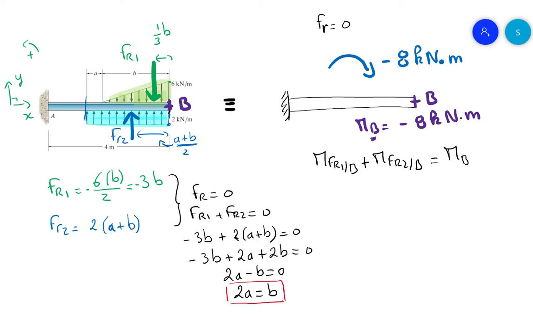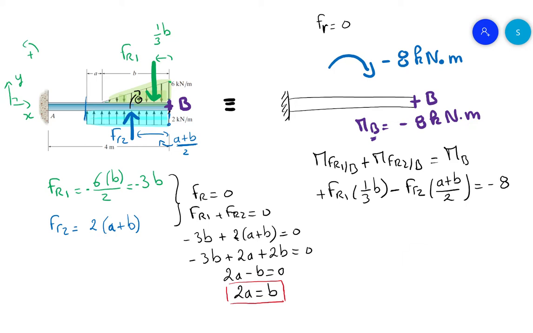We have on this side plus FR1 times 1/3 of B, and minus, because this one goes in the negative direction and this one goes in the positive direction. So minus FR2 times A plus B divided by 2, and everything is equal to -8.